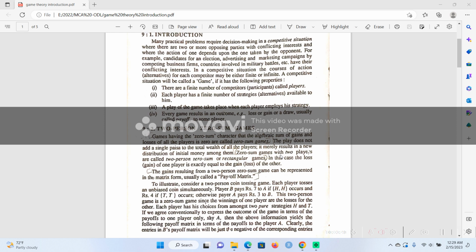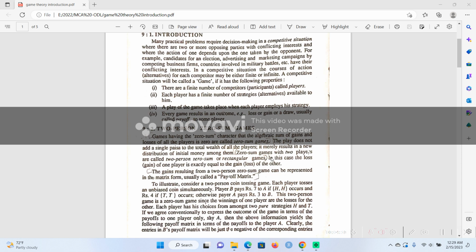Zero sum games with two players. What is meant by zero sum? The algebraic sum of gains and losses of all the players is zero. It is known as a zero sum game. If a zero sum game is played with two players, then that game is known as a two-person zero sum game or rectangular game.